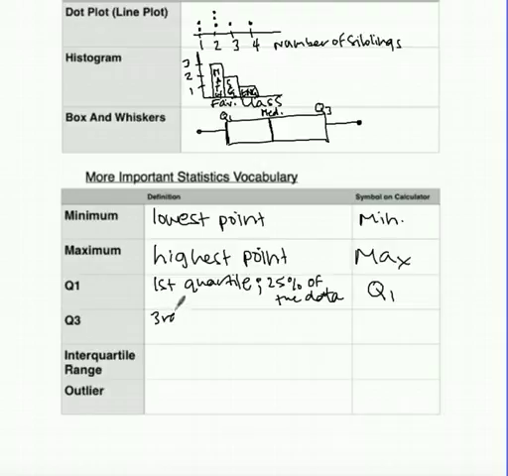Your Q3 is your third quartile. It's going to represent 75% of the data. And your calculator is going to call it Q3.